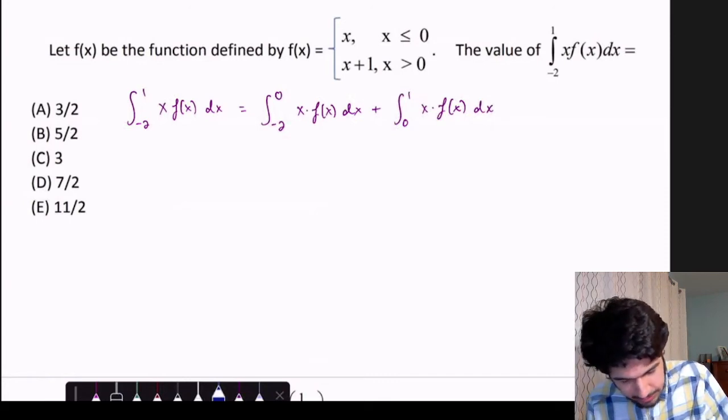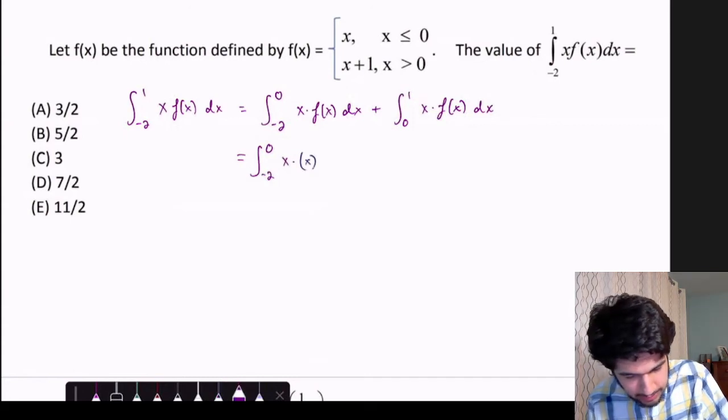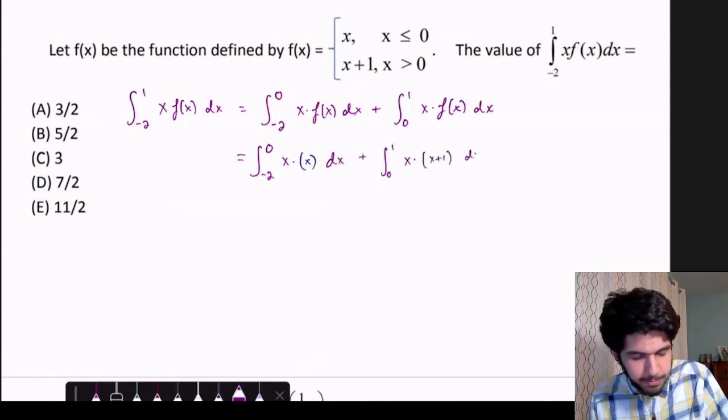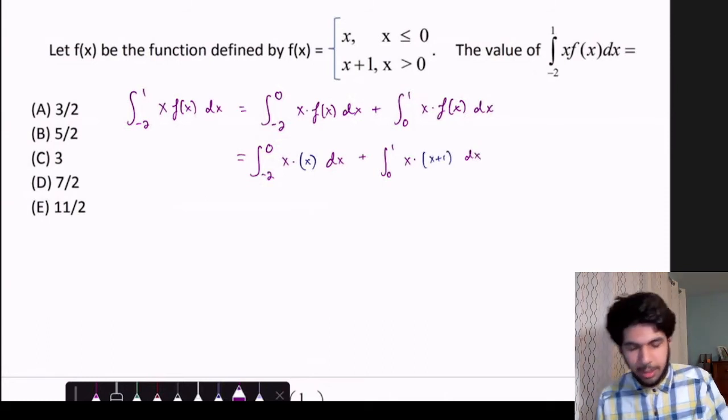So let's do the substitution. This is going to equal the integral from -2 to 0 of x times x dx plus the integral from 0 to 1 of x times (x plus 1) dx. And now we solve.